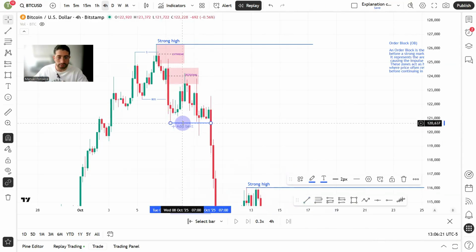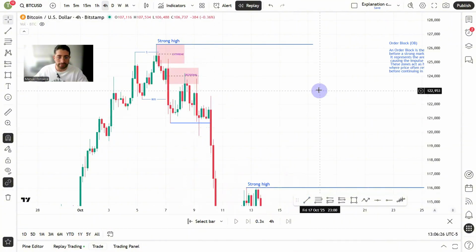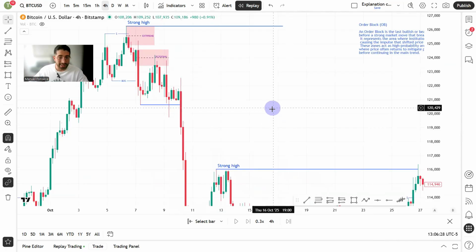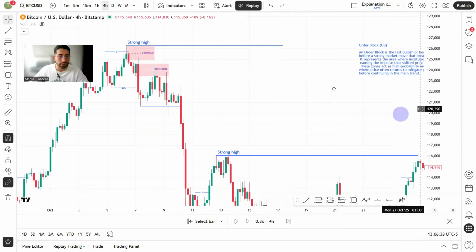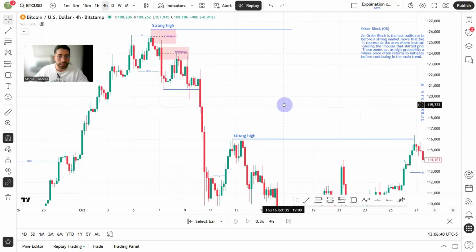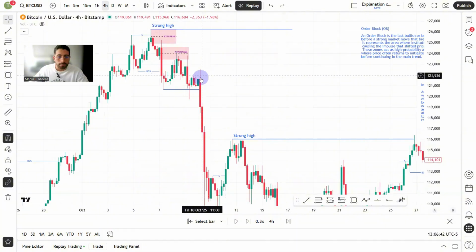There was a weak low at a certain moment. Once the weak low is broken with the body of the candle, can you spot clearly the order blocks now? I guess so, right? Since we're going to stick with a basic explanation of order blocks, we're going to take into consideration this bullish order block right here. So here it is.